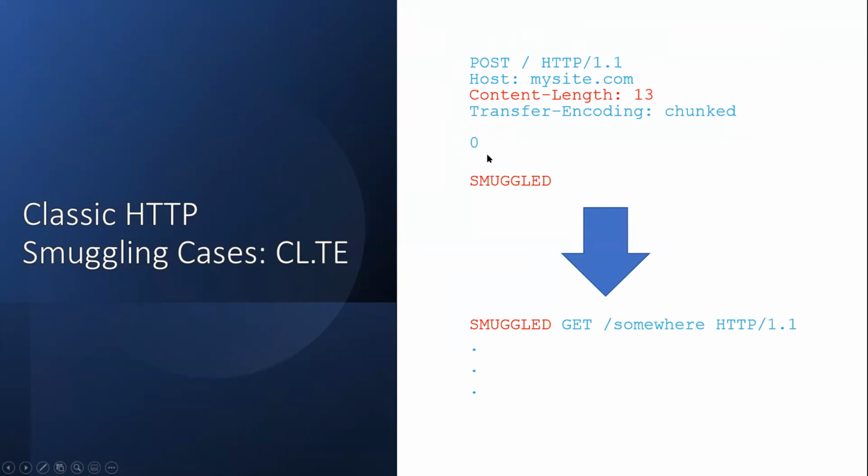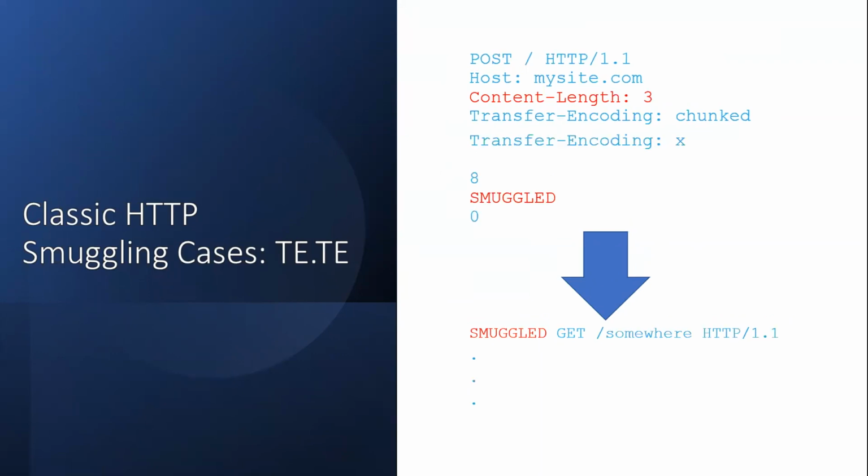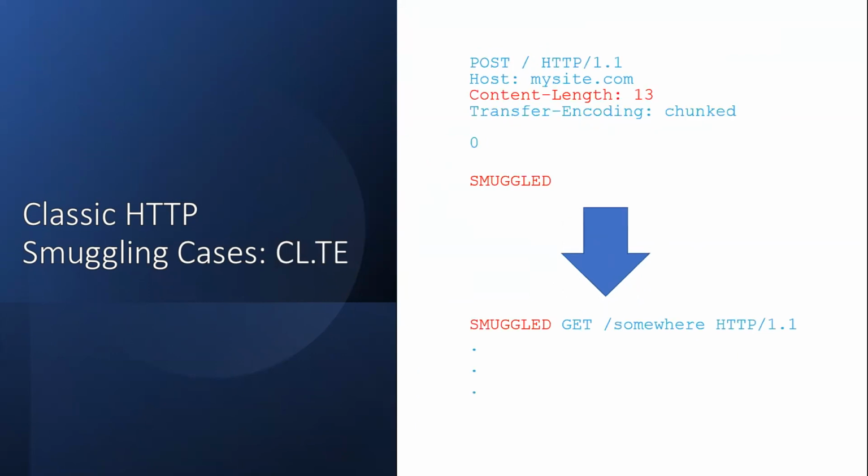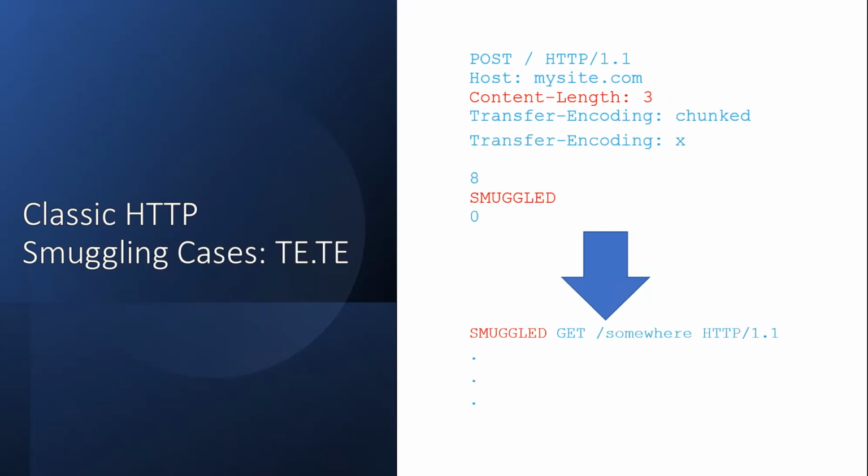But the backend sees this request and says, okay, here's one request, 0, and here's the start of the next request. So basically, this is just the reverse of the first example. The first one is looking at transfer encoding, the second one is just looking at content length. The key here is to give the front end the full request, and the backend will need to see the request spliced in 2. But we'll get to examples.